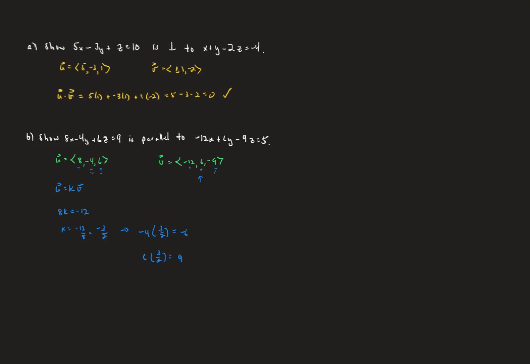That was supposed to be a negative 3/2 makes that a positive 6, which is a match. And negative 3/2 times 6 is a negative 9, and we have it. So we have shown that vector u is a multiple of vector v. And that means that they're parallel, the vectors are parallel, therefore their planes are parallel. Very good.